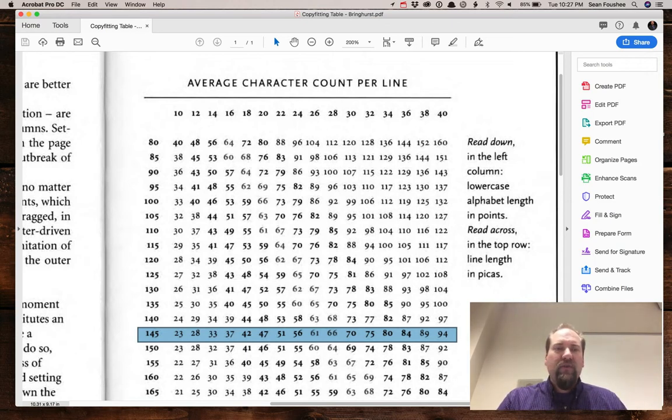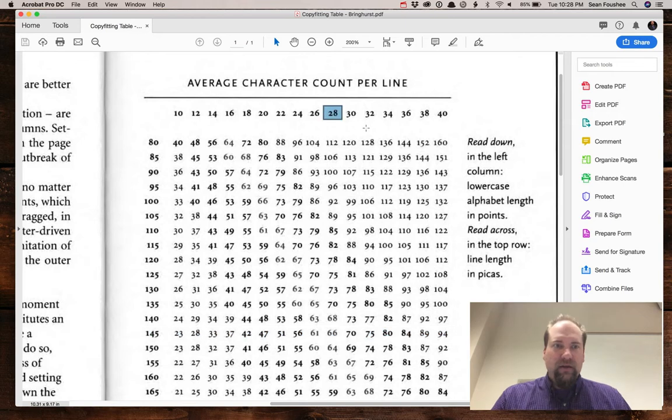Well, here's how it helps us out. If we come back over here to the left column and we find 145 points, because that's the closest to 143, we come all the way across that row and we find 66 characters. If we go all the way to the top of that column, we get the number 28. Does everybody see that?